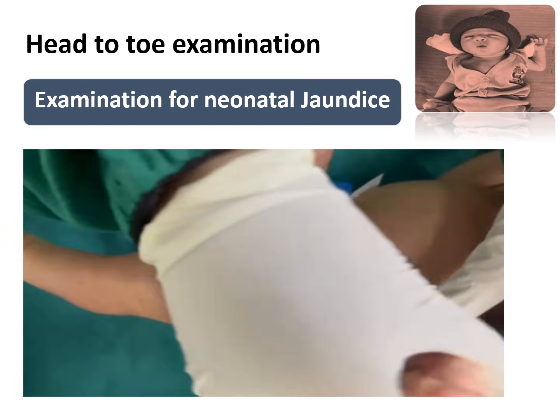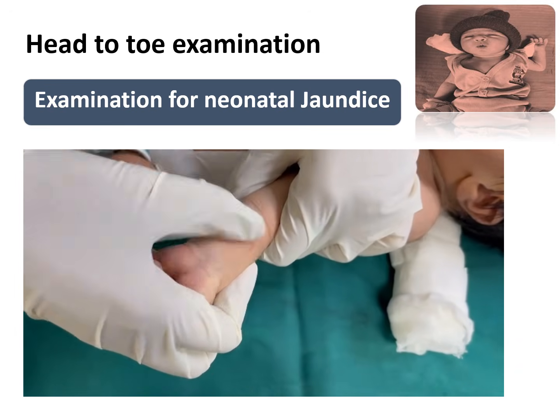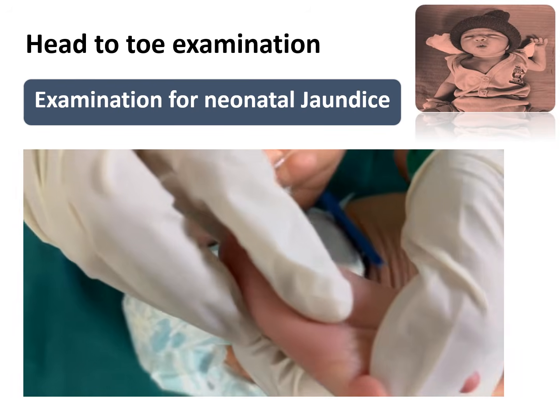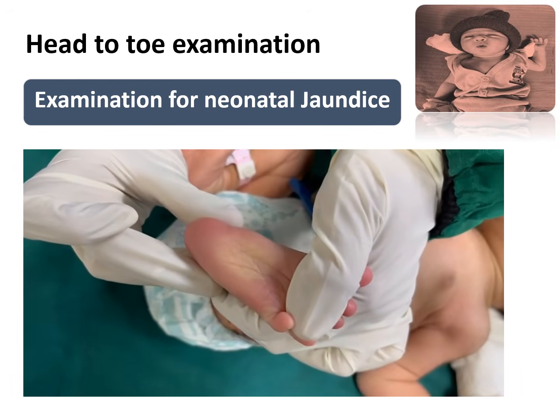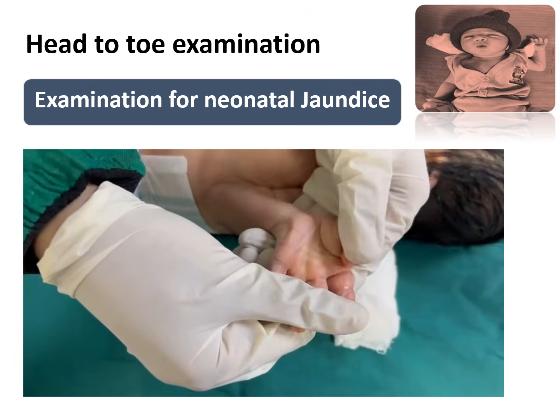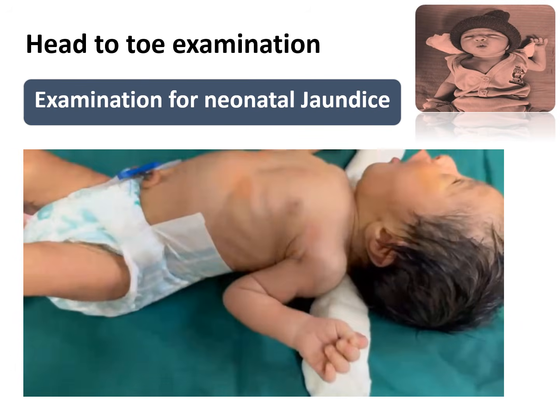And if bilirubin is more than 15 milligram per dL, then palm and sole are also yellow discolored. It is always pathological. So in this newborn you can see yellow discoloration is present even over the palm. So it is according to Kramer's criteria.